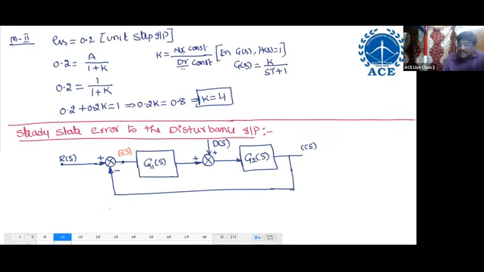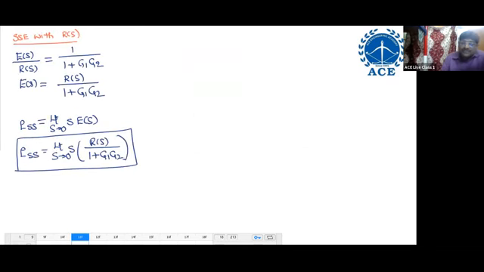Now find the steady state error due to D of S. Next find with D of S. Here, steady state error due to D of S. Come on, solve it.